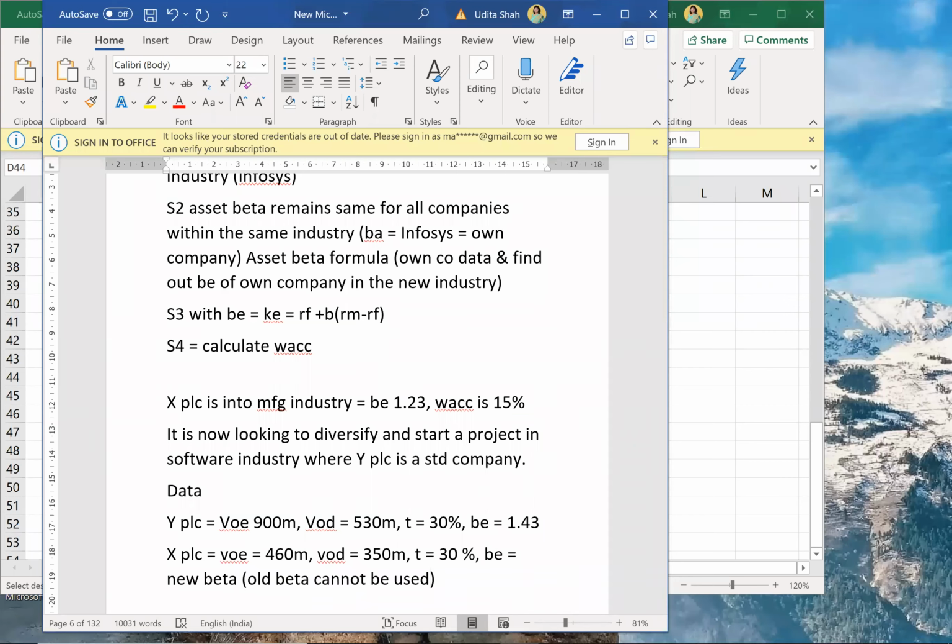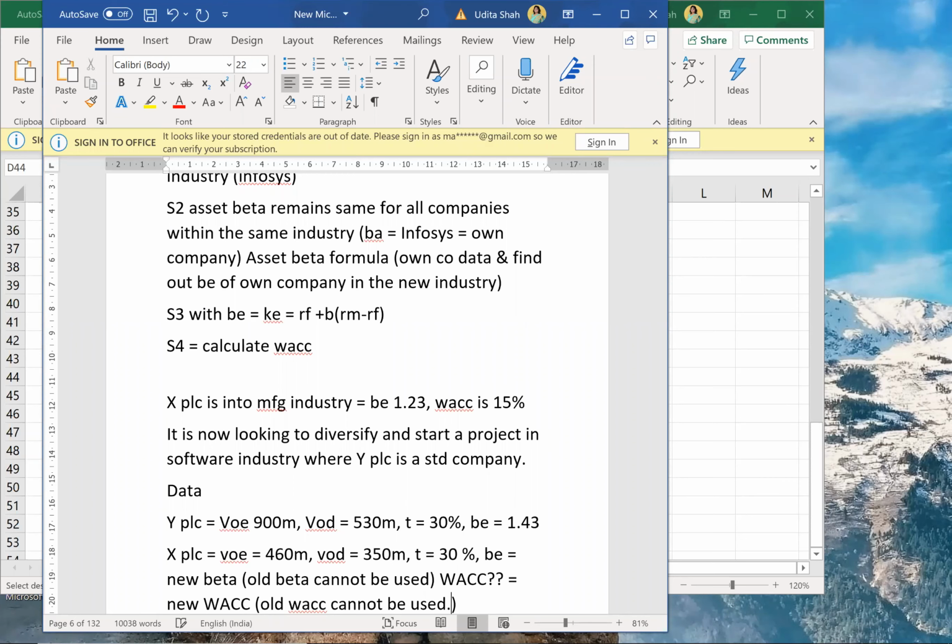So even if they give the old beta to you, you should just ignore it. And what about the WACC? Again, I cannot use the old WACC, so I'll have to find the new WACC.